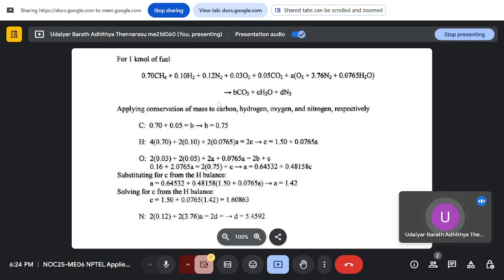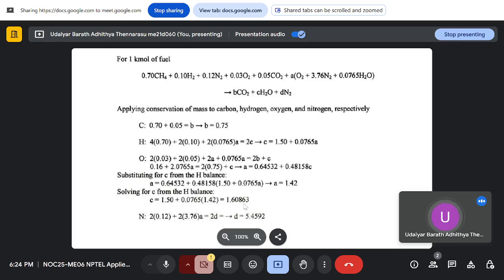Similarly, on the other side we have 2 times B plus C. So we know B; substituting B as 0.75, we get one more equation in terms of C and A. So here A is 0.64532 plus 0.48158 C. And now we have two equations with two unknowns. So solving it, we get A is 1.42, and substituting that value in one of the expressions, we get C as 1.60863.